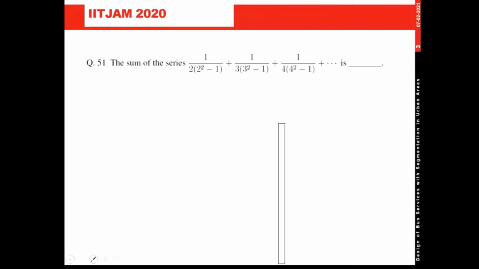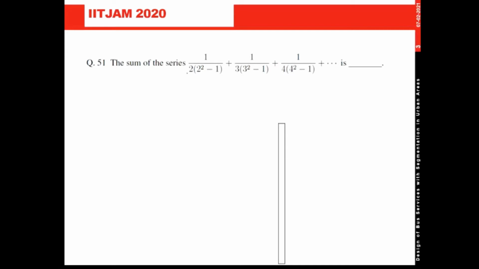So here we want to find the sum. The difficulty in numerical type problems is we don't have any options, right? So we have to solve this problem. We cannot use some probability tricks to find the answers. So rather we have to do the problems.